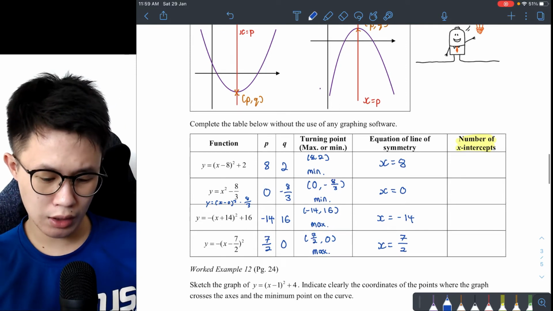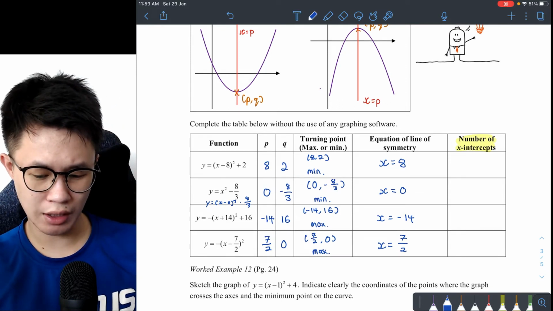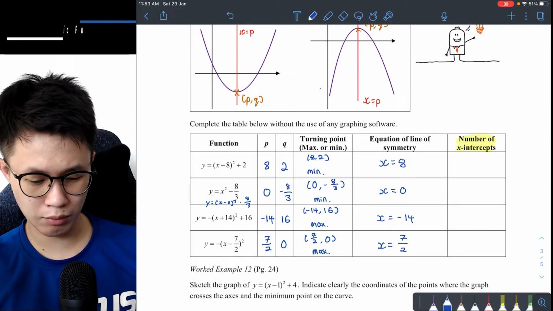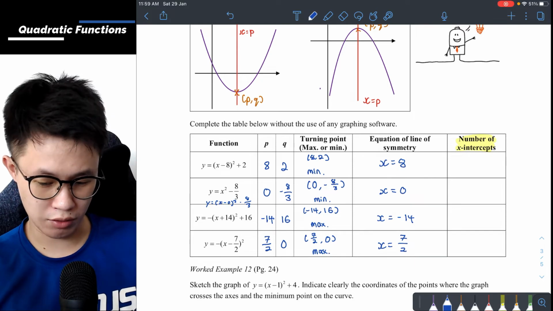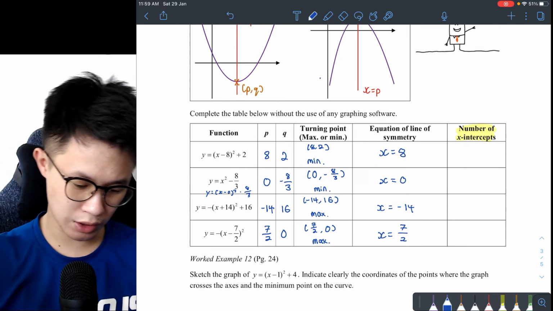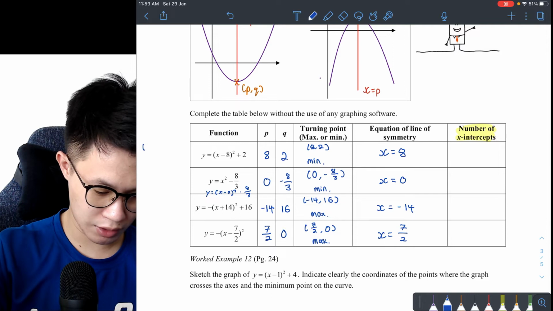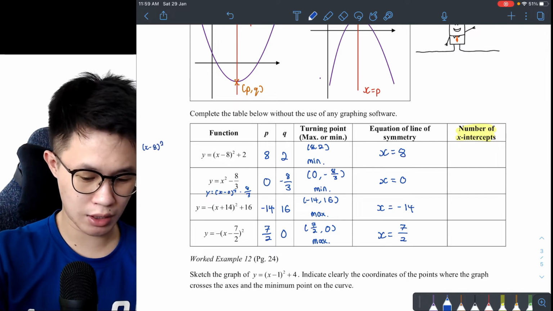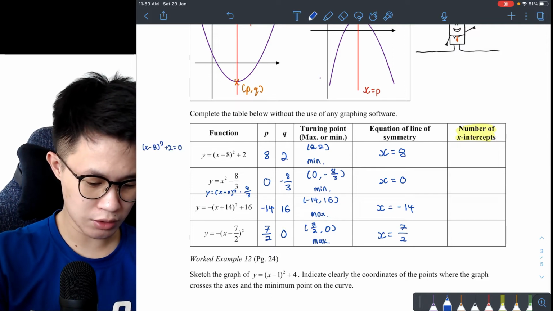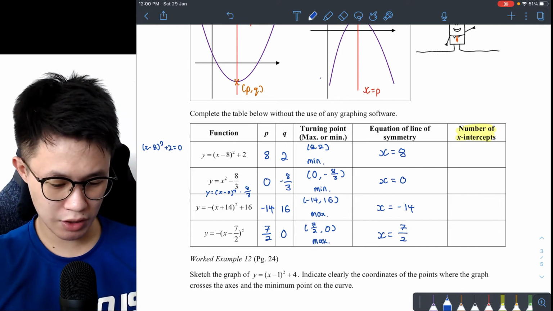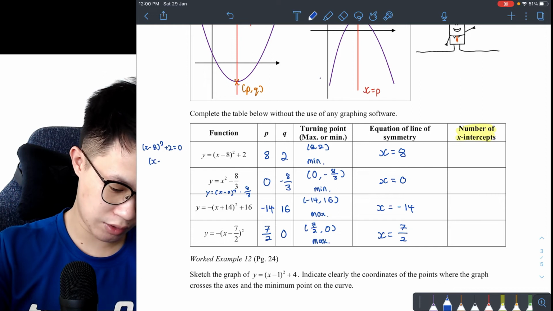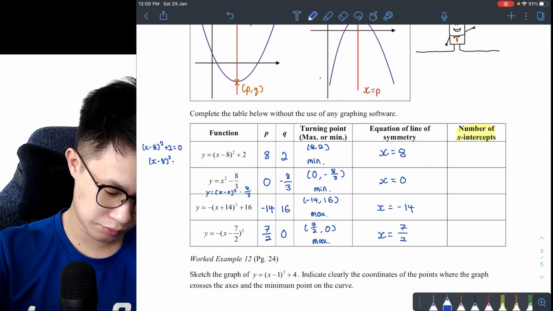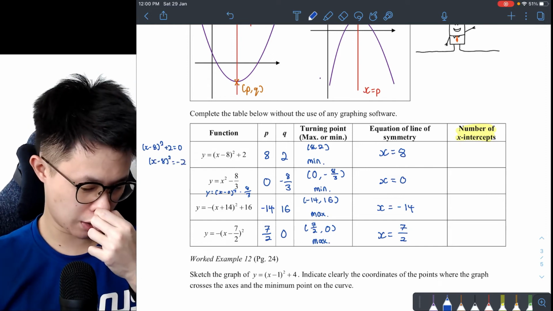So the question is, how would you find the number of x-intercepts easily? One way is for you to just equate the equation to 0. So for example, this will be (x minus 8) bracket squared plus 2 equals 0. But you have some issues here because this will be a negative, and you cannot square root a negative.